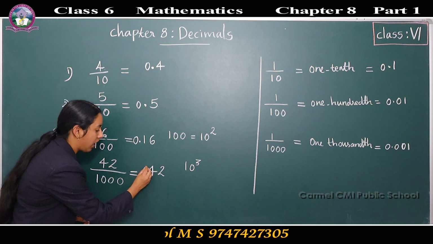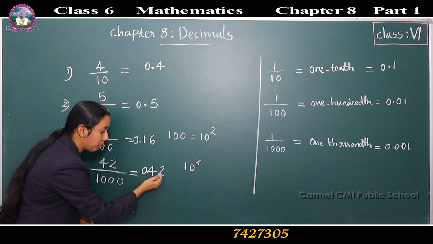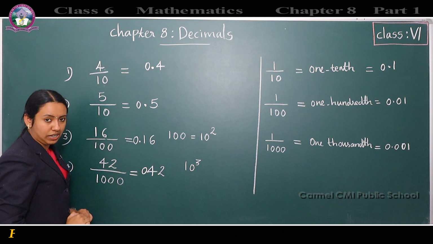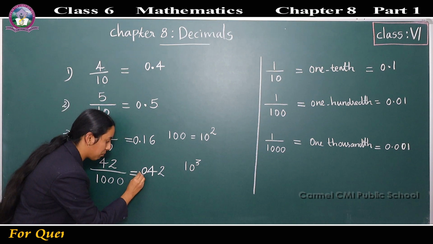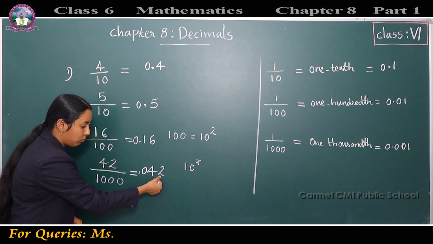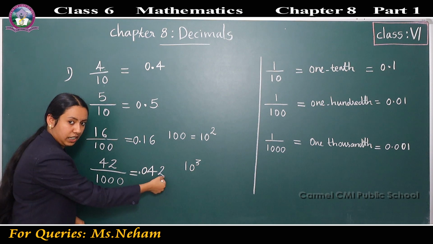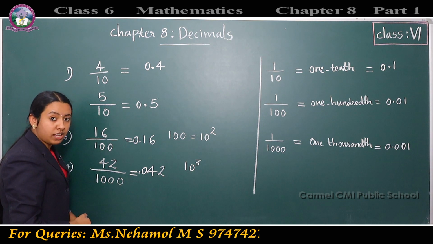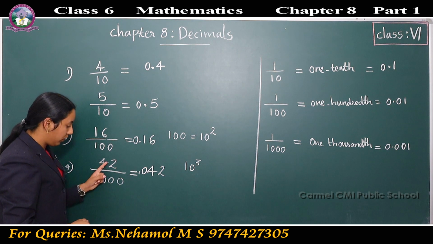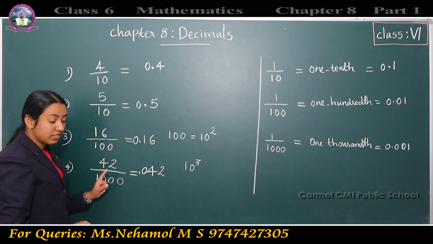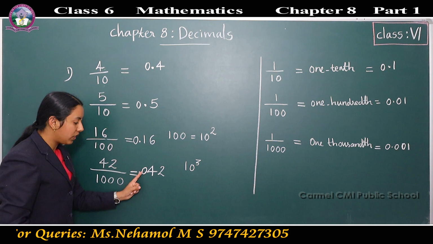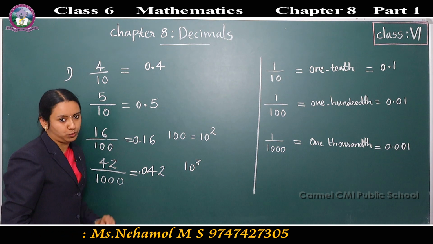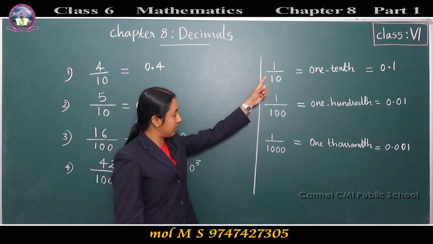For that we have to put a 0 in front of the numerator, then put the decimal point. Now 1, 2, 3, 3 decimal places, 3 zeros in the denominator. So 42 by 1000 is equal to 0.042.